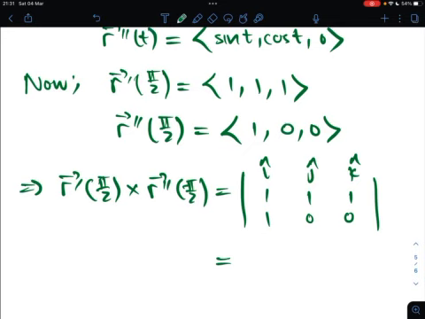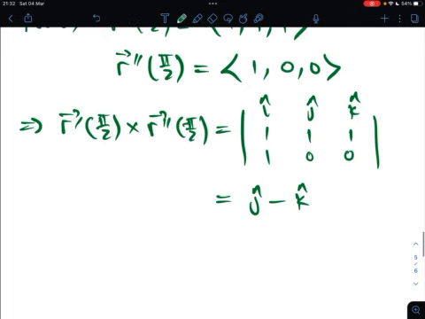Dealing with this, when I close i, I get 0 for i, because I have 1 0. Then I close j, I have 0 negative j, so I just get j. Then for k, I close for k, I have minus k as my final solution.